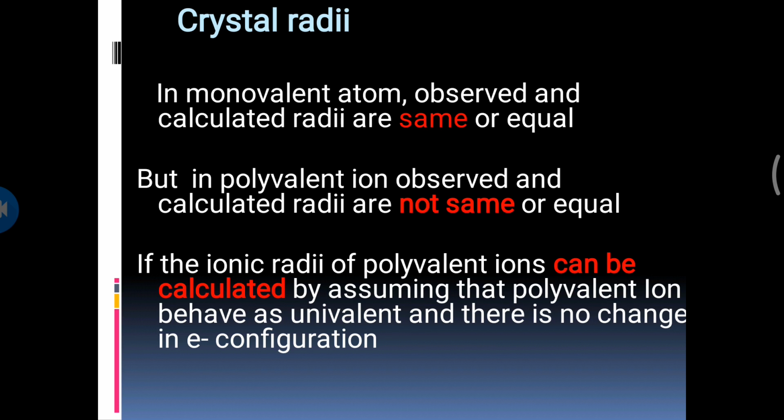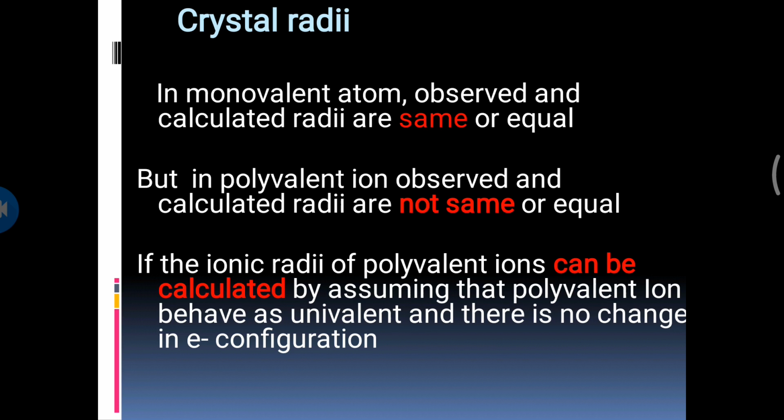But in polyvalent ions, the observed and calculated radii are not the same, not equal, and do not agree. That is why we need to convert to crystal radii.